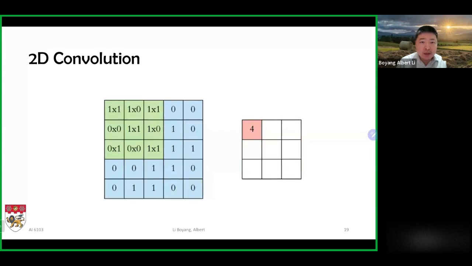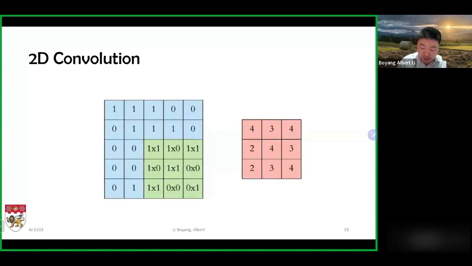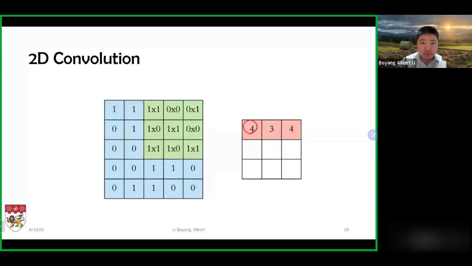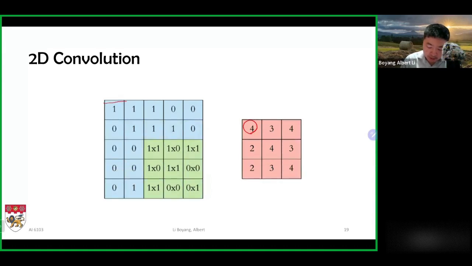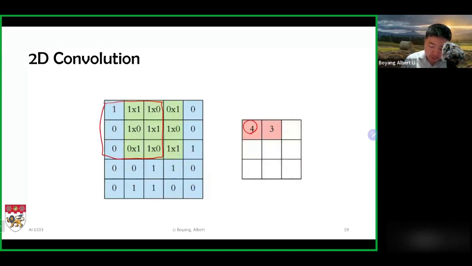At each location of the green matrix, we're going to perform component-wise multiplication. So we're going to multiply the numbers that are at the corresponding locations.